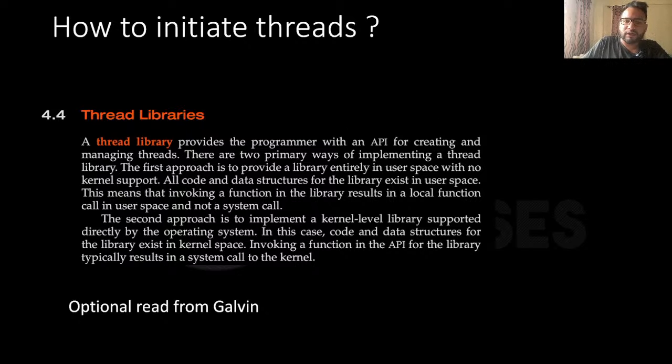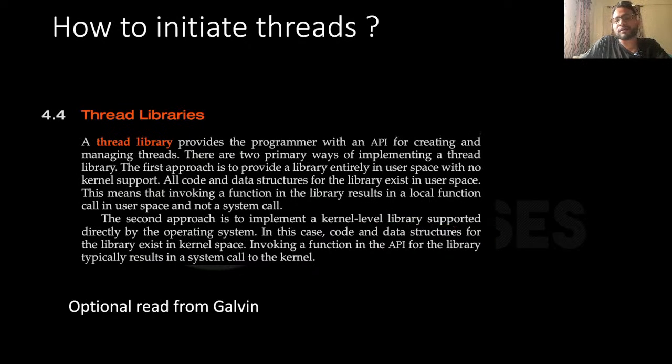You can read this if you want. I have taken this: a thread library provides a programmer with an API for creating and managing threads. So there are libraries that help us to create or manage the threads, right? A second approach is to implement a kernel level library supported directly by the operating system. In this case, code and data structures for the library exist in the kernel space.